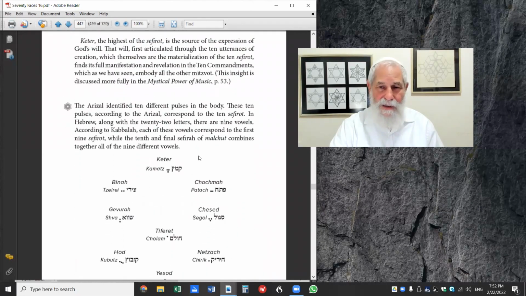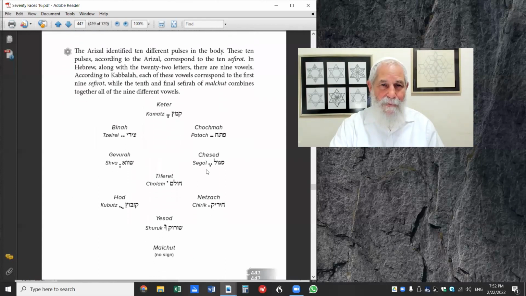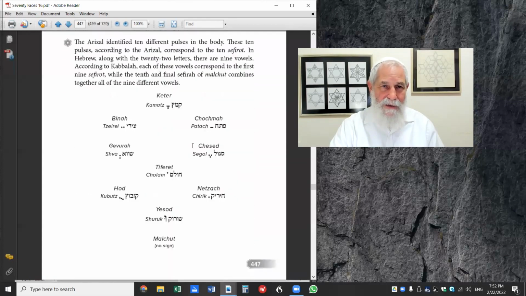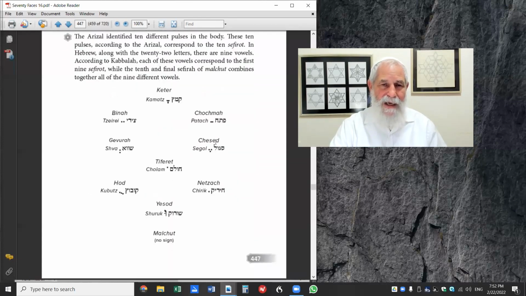Now, the next one is also a very important one. And I believe when we get into the names of God, we will go over this, but there are 9 vowels in the Hebrew language.